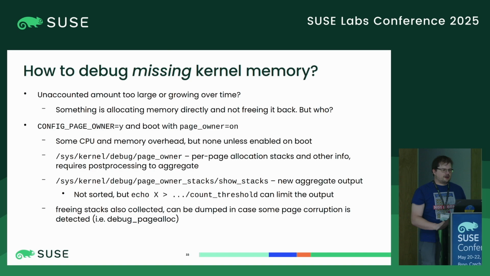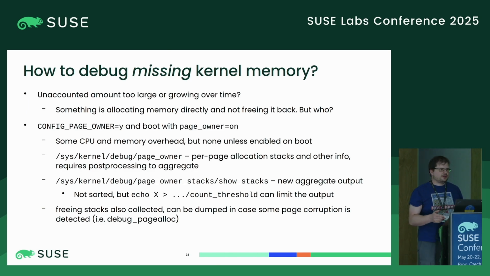So, back to how to debug missing kernel memory. When I said the counters should sum up to close to MemTotal, sometimes they don't, and there's a memory leak. So there's a way to find out who allocated every page in the kernel, but it's not enabled by default because it has memory and CPU overhead.